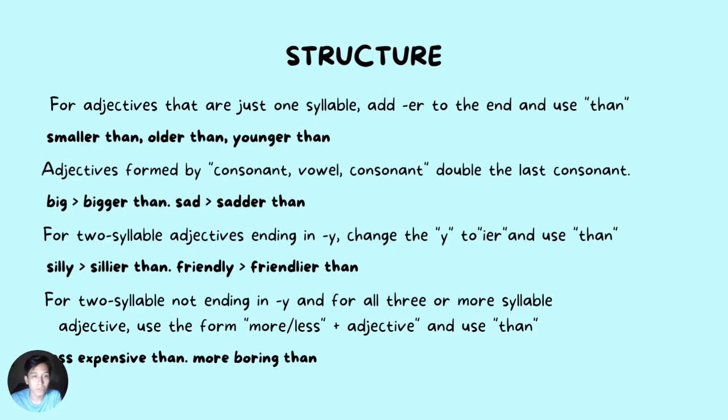And for those adjectives which are two syllables and do not end in y, and for all adjectives of three or more syllables, we use the form more and less plus the whole adjective, and then we use than. So it would be less expensive than, or more boring than, or more interesting than.